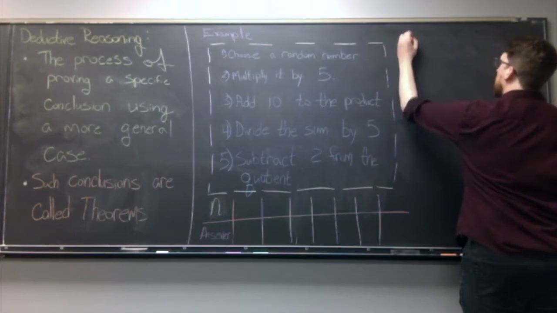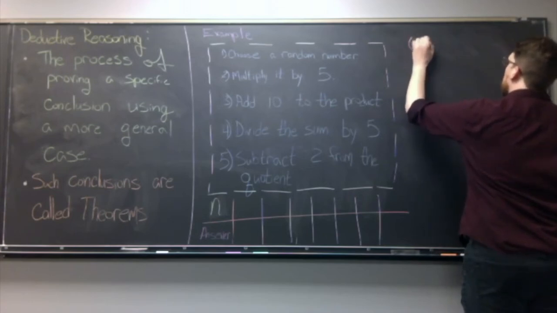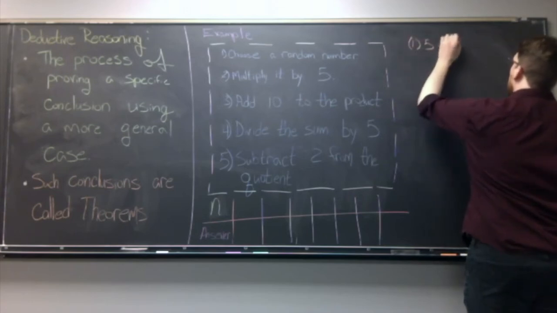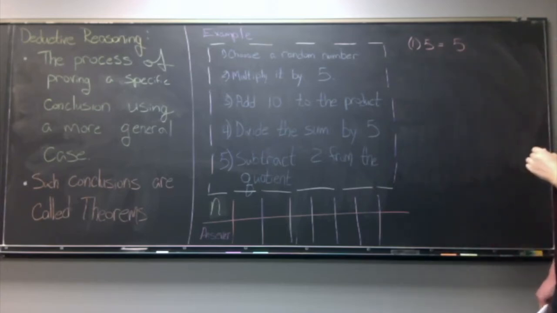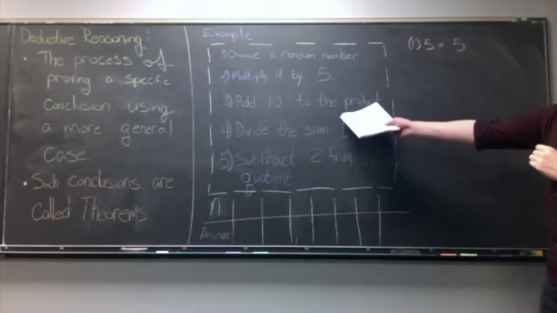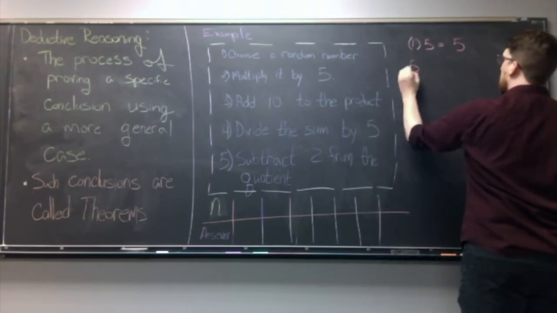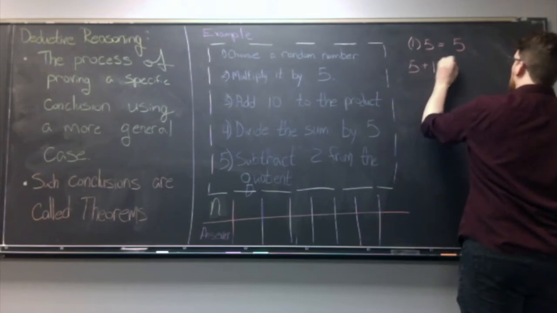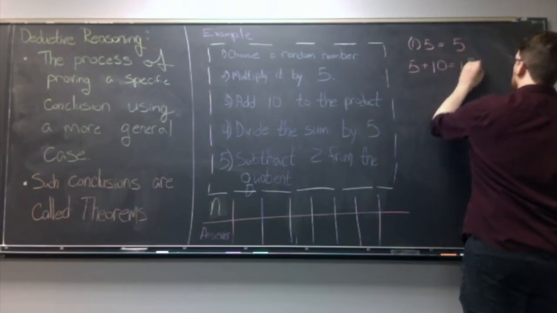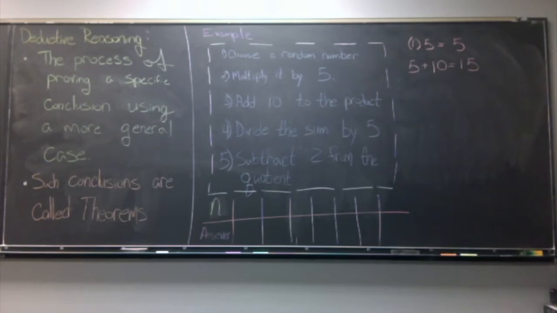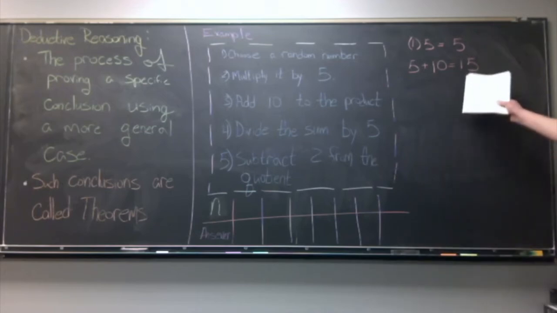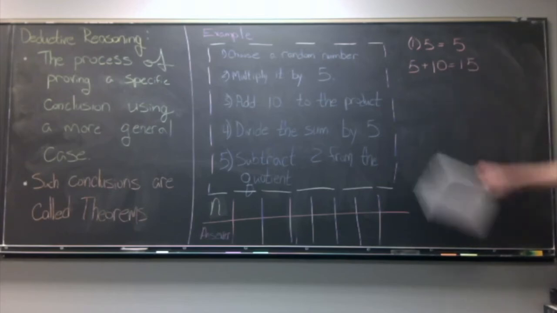So, we've got 1 times 5. That's going to be equal to 5. Now we're going to add 10 to it. Okay. Now we're going to divide the sum by 5.